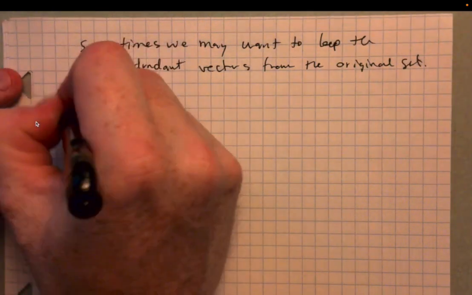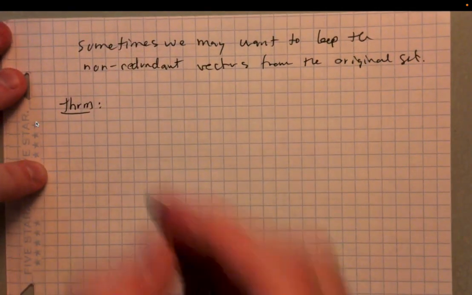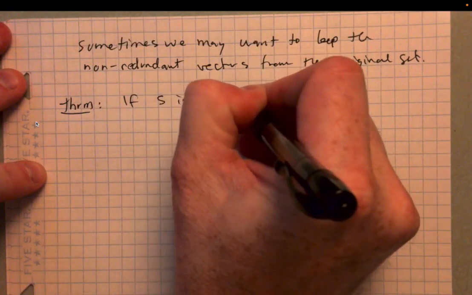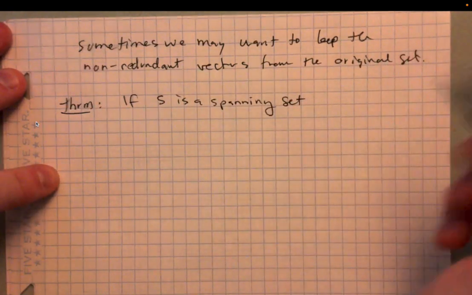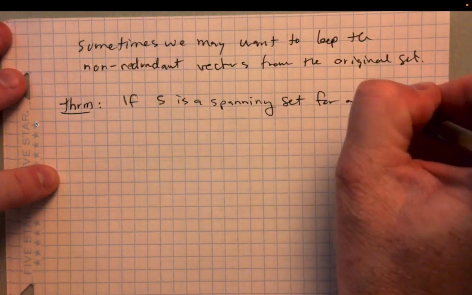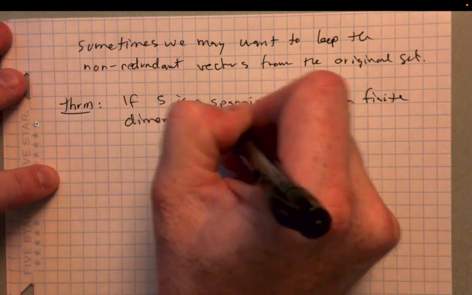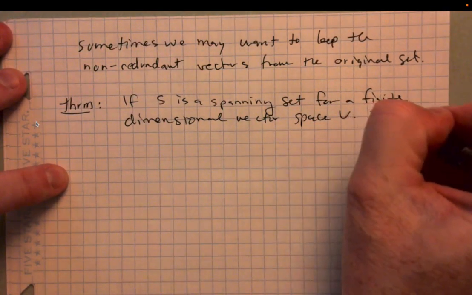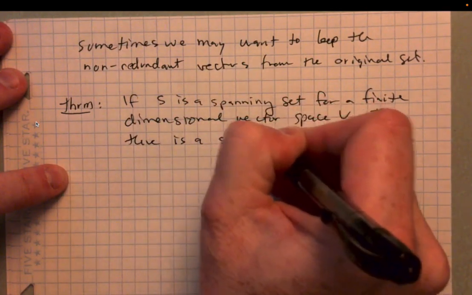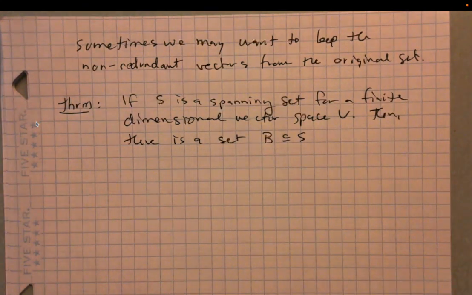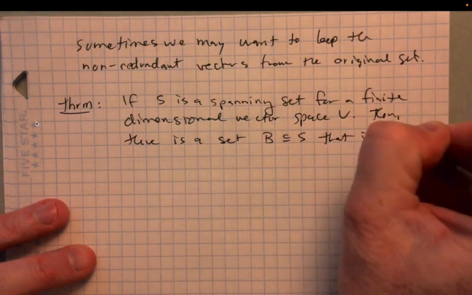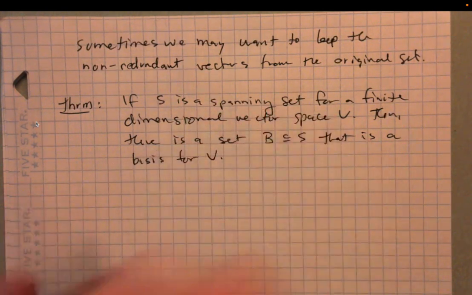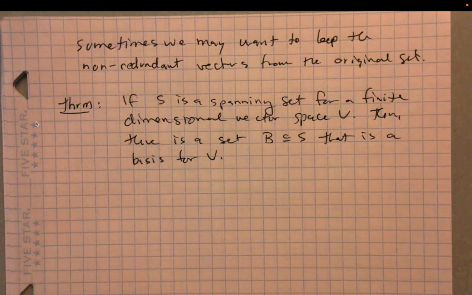Okay, and so this brings up a theorem. If S is a spanning set for a finite dimensional vector space V, then there is a set B, a subset of S, possibly equal to S, that is a basis for V. So all this means is, if I start with a spanning set, it is indeed possible to just remove a handful of those and get down to a basis.